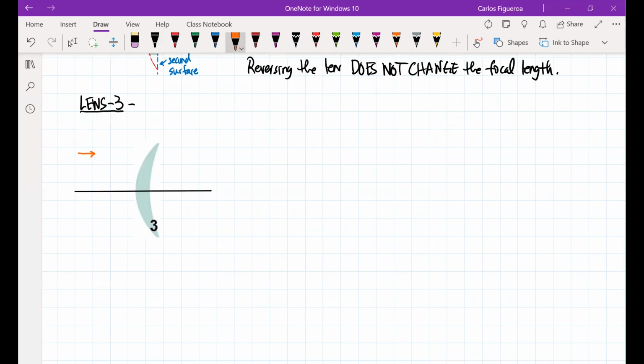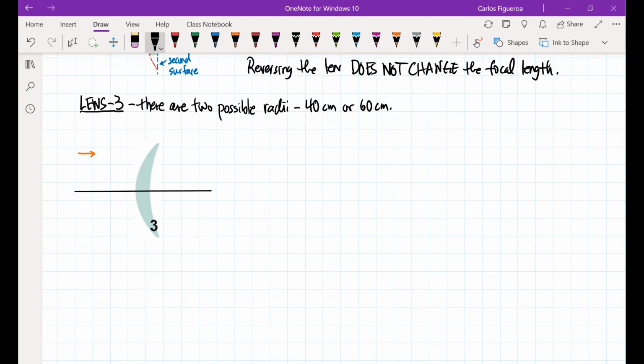Well, the one thing that you could see here is that there are two possible radii, right? Either it's 40 centimeters or it's 60 centimeters.